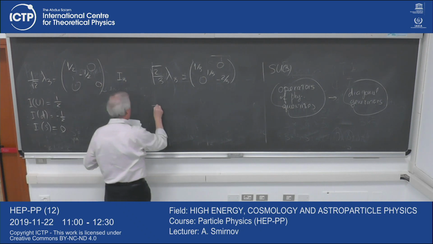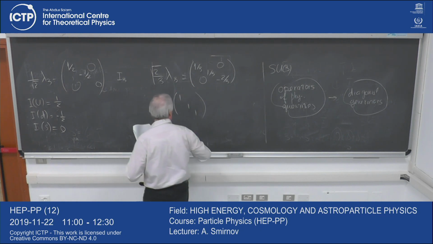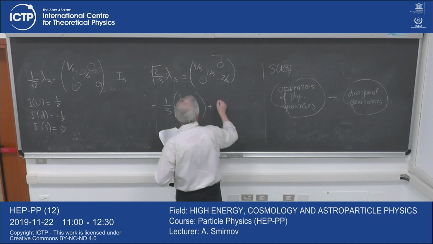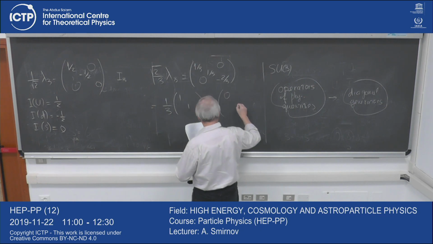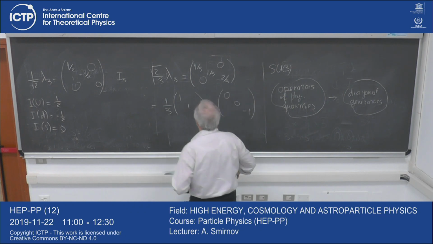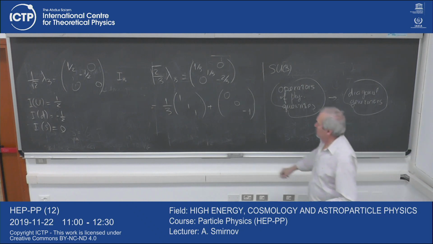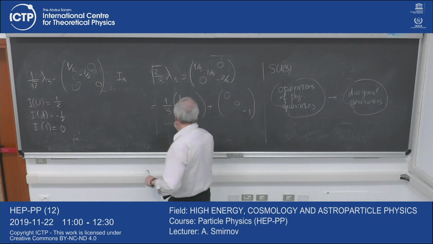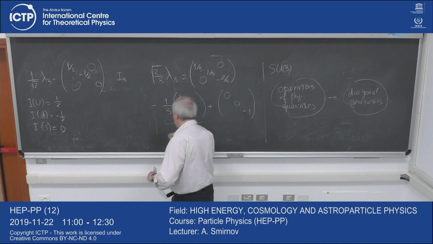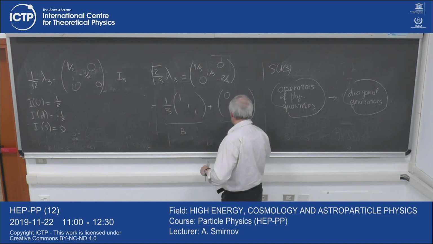That can be decomposed into 1/3, 1, 1, 1 diagonal plus 0, 0, minus 1. And so this first part can be identified with baryon number, and this one with strangeness.